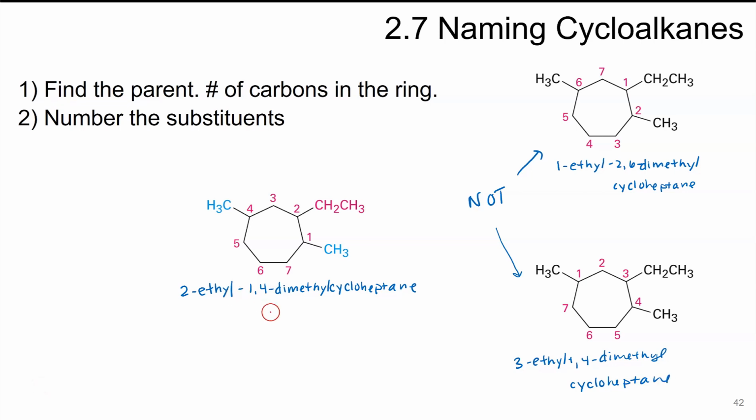So the difference here is the numbering: this is 2, 1, 4. This is 1, 2, 6, and 3, 1, 4. So even though this one starts lower at 1, the highest number here is 6. This one has a high number of 4, which is equivalent to this, but 2, 1, 4 is lower numbering than 3, 1, 4. So this is the preferred numbering.